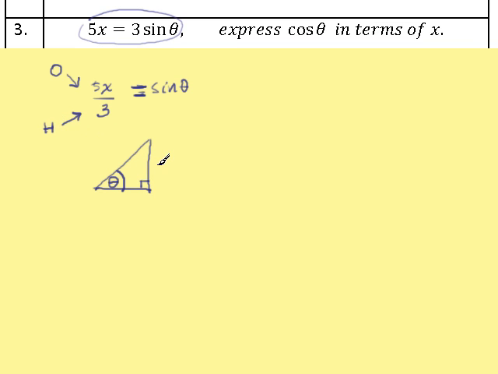So the opposite side we'll label with a 5x and the hypotenuse label with a 3. Using the Pythagorean theorem, 25x squared plus this side squared is equal to 3 squared, which is 9. So this side is, from the Pythagorean theorem, the square root of 9 minus 25x squared.